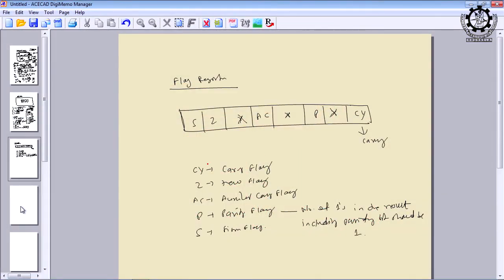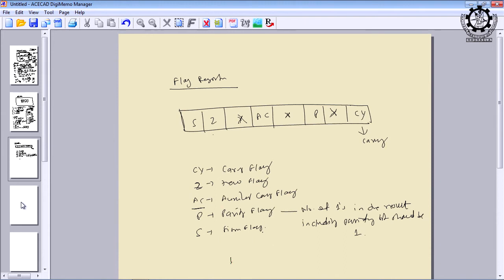So, these 5 flags are named like this. CY stands for carry flag, Z stands for zero flag, and the positions are also important. You cannot write the zero flag position arbitrarily. It appears in the second position, so you have to know that it is available there, right. Then AC stands for auxiliary carry flag, P stands for parity flag, and S stands for sign flag. And these flags are very easy to understand, in the sense that whenever the result of the operation generates a carry.